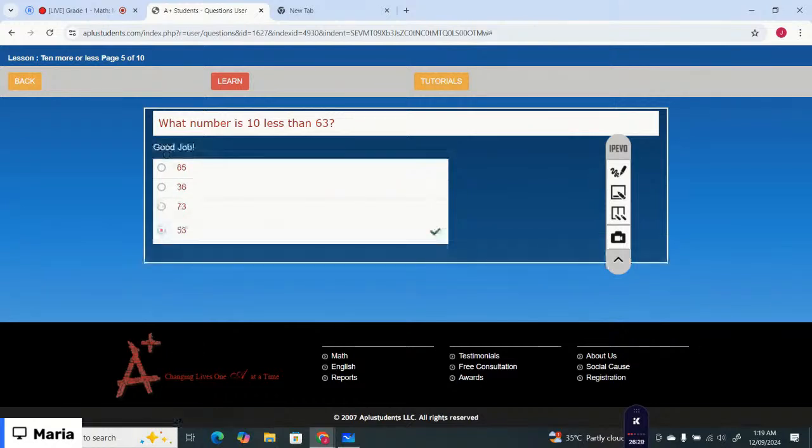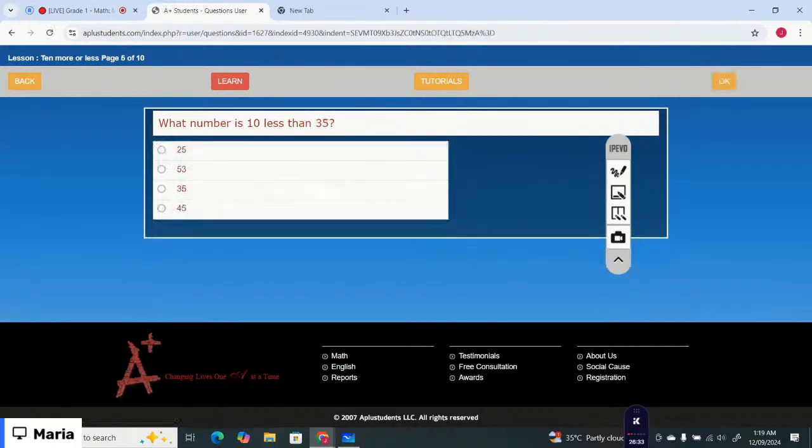So the answer is 53. Yes, that is 25. 10 less than means you need to subtract 10. So the answer is 25. Got it?